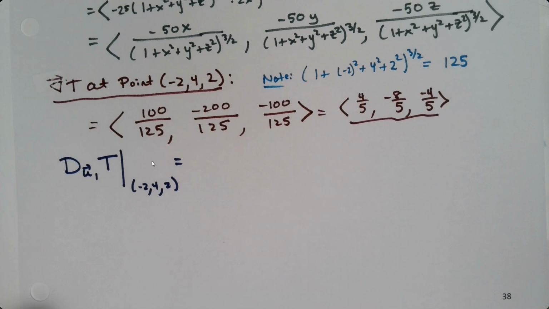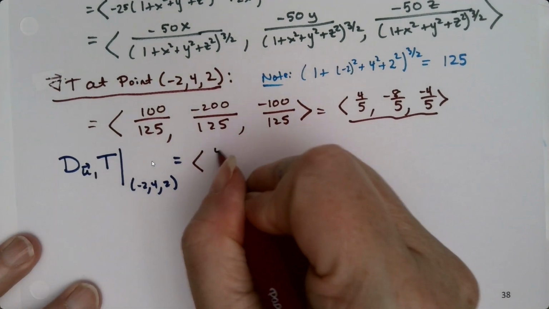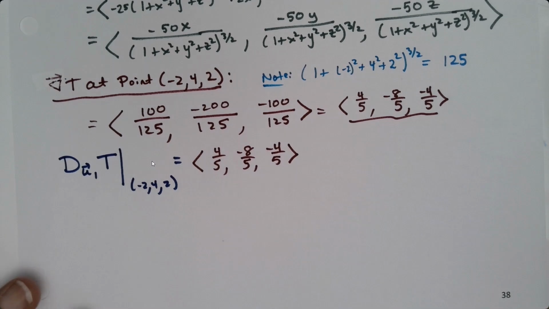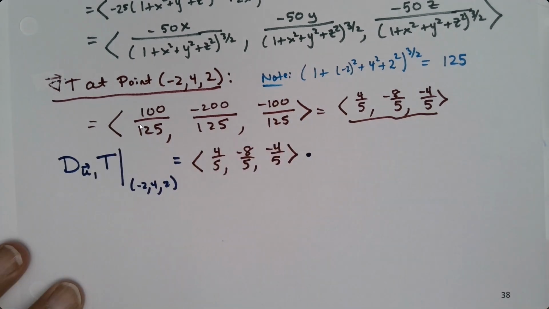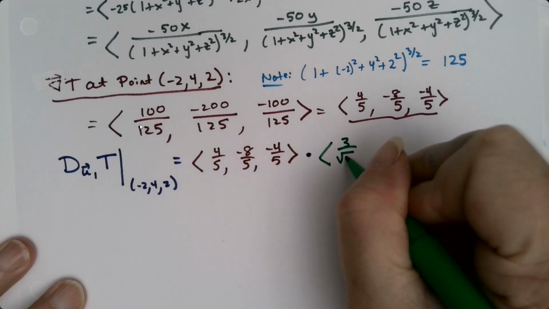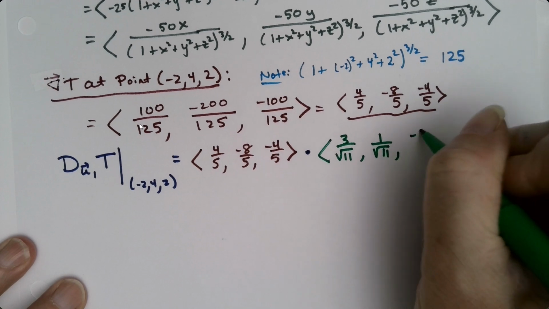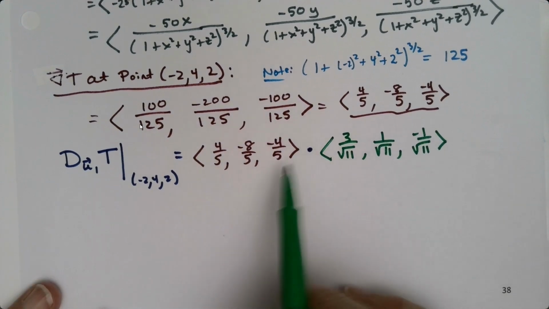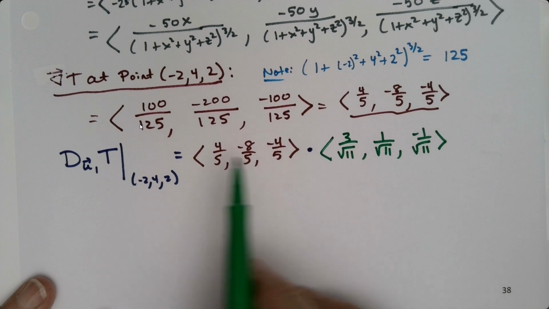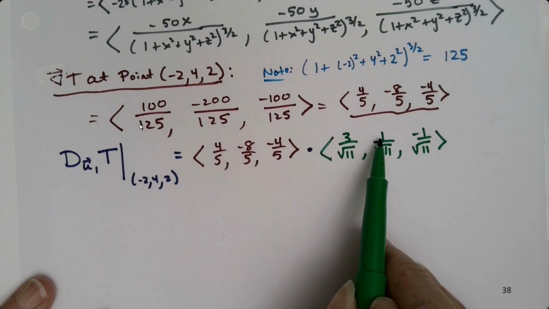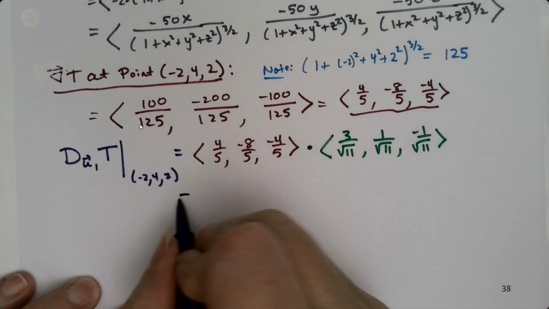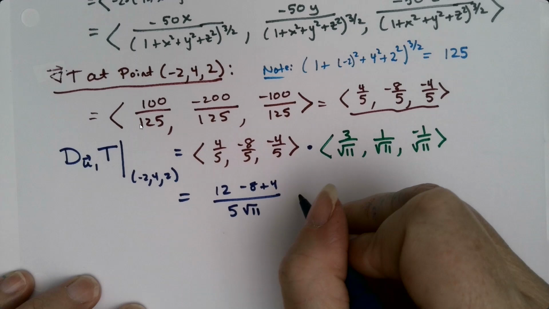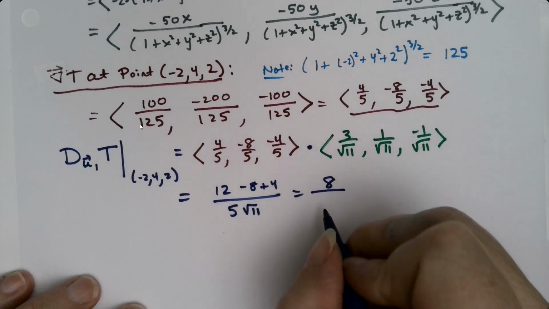That would be the dot product of (4/5, -8/5, -4/5) with (3, 1, -1) over the square root of 11, all over 5 square root of 11. That'll be 12, take away 8, plus 4. So I can actually do this one in my head. It's 12 take away 8 plus 4, all over 5 square root of 11, which is 8 over 5 square root of 11.